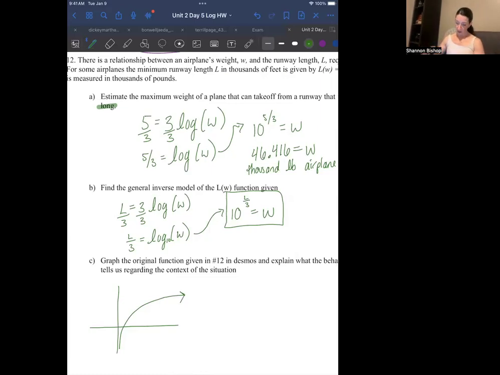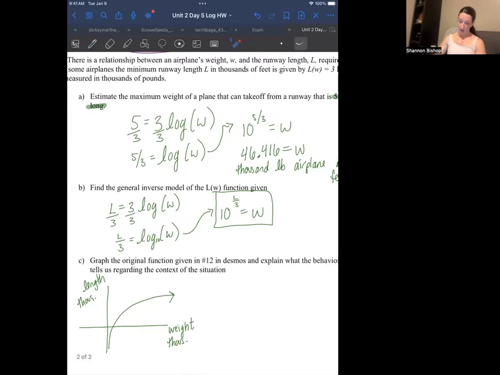But what that means is, remember, this was the weight of the plane, and this was the length of runway. And they were both in thousands, 1,000 pounds and 1,000 feet. So what this is trying to tell us is that as the weight increases, so the heavier the airplane is, the more length of runway you'll need.